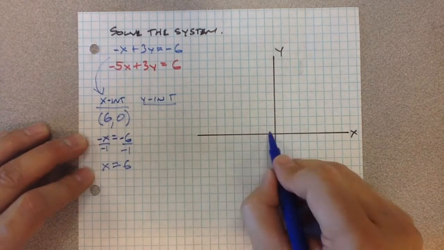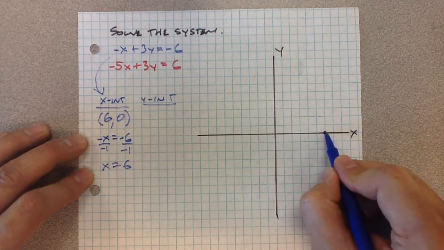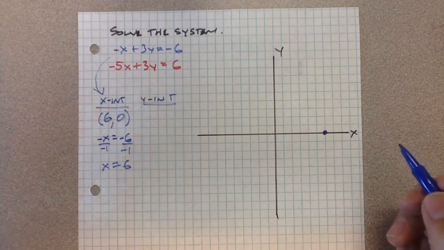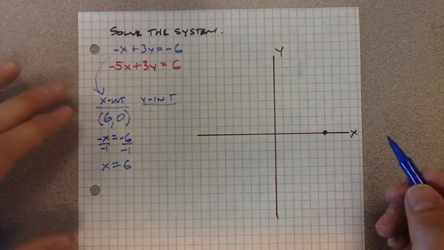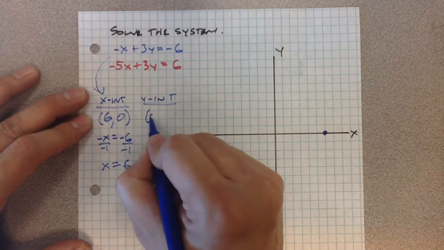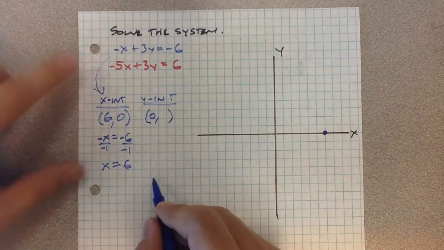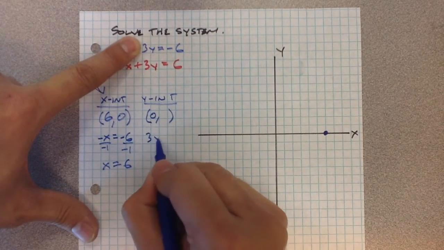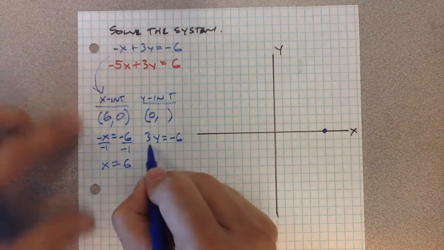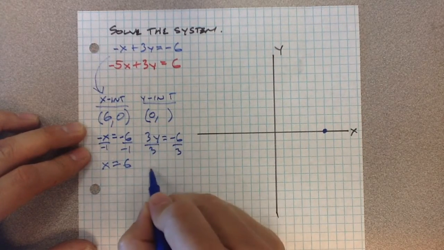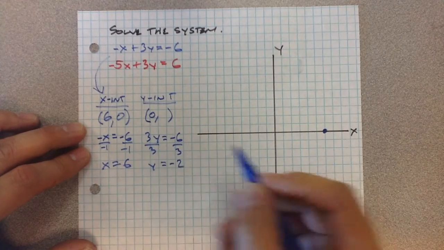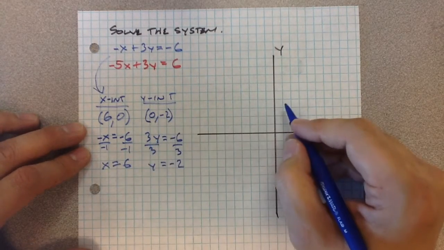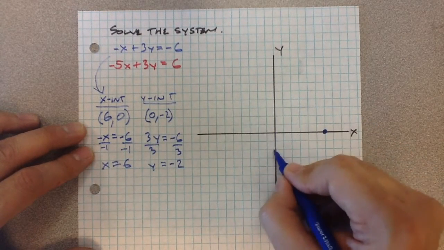So we have an x-intercept of (6, 0). All right, then I do the y-intercept by plugging in a 0 for x. So if I plug the 0 here now, this disappears, and I get 3y equals negative 6. Divide both sides by 3, y equals negative 2. So we have a y-intercept of -2.